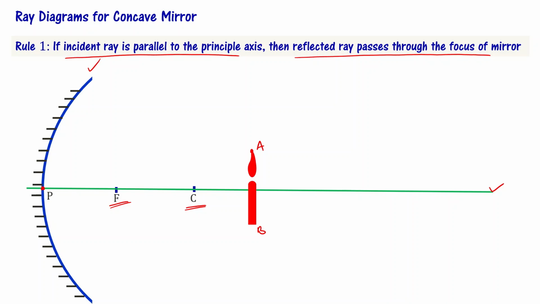The first ray I'm going to draw is parallel ray. From point A, I'm going to draw a ray parallel to the principal axis. After hitting the surface of the mirror here, it has to reflect, right? The reflected ray is going to pass through the focus of the mirror. Focus is F, right? So the reflected ray is going to pass through focus of the mirror.